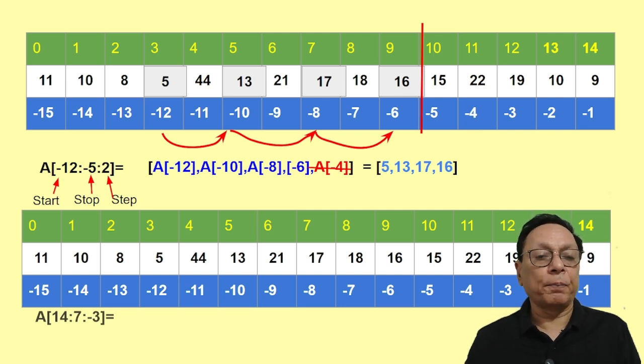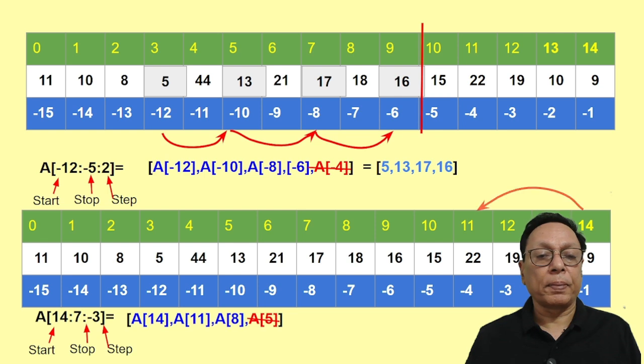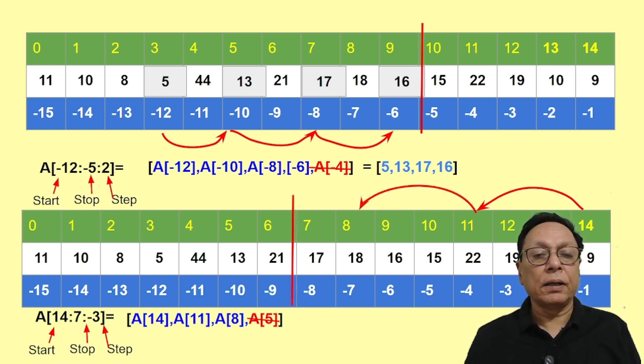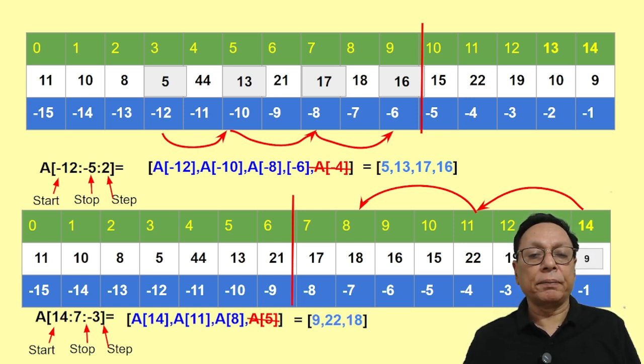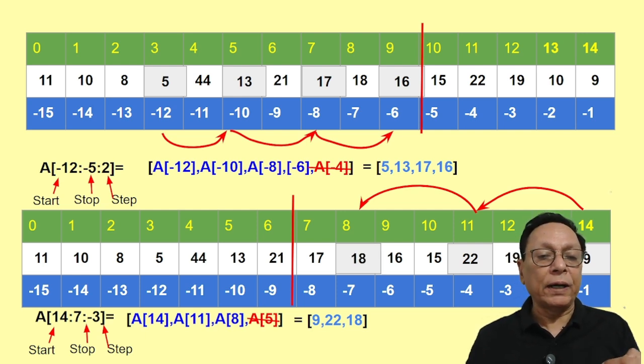From 14, which means the last index, 14, then -3, 11, then -3, 8, then -3, A5. So only these values will be shaded. 3 values will be shaded here, 9, 22, and 18. Since we are moving right to left, the values will be from right to left, 9, 22, and 18.